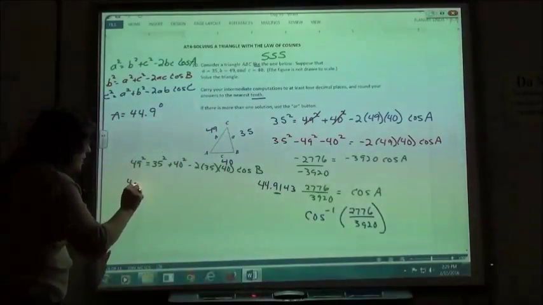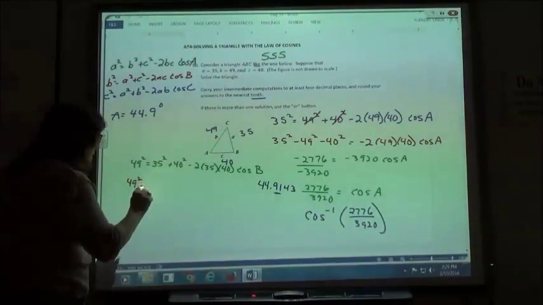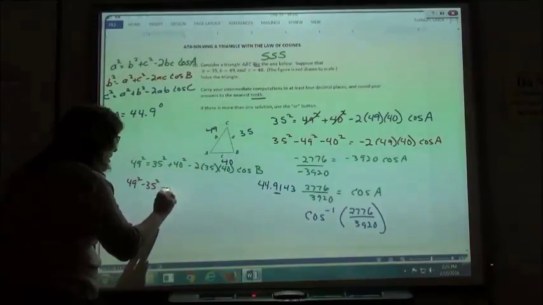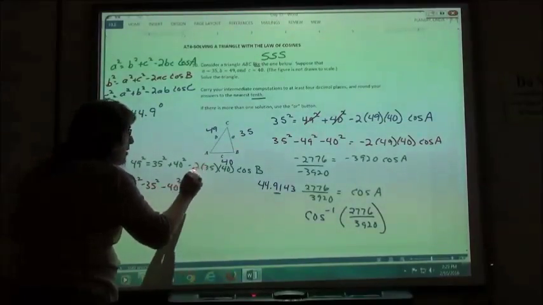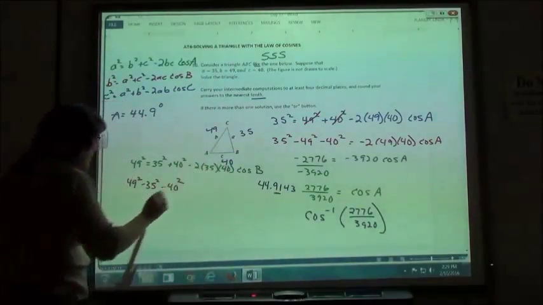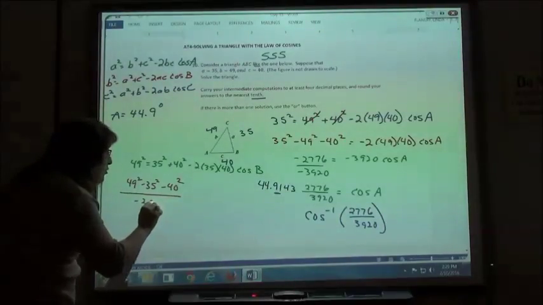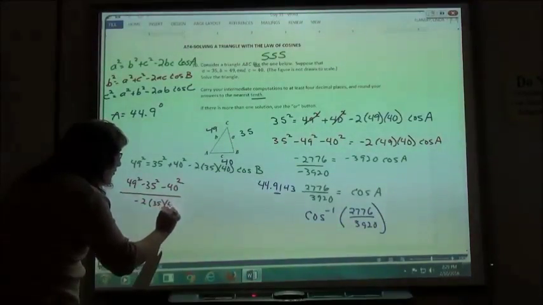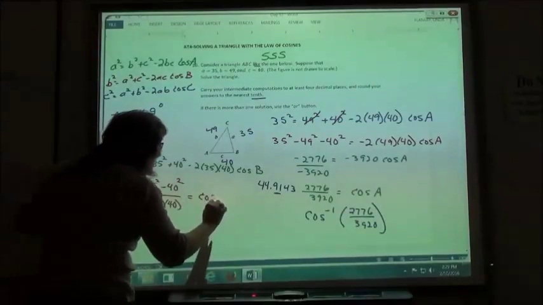So 49 squared minus 35 squared minus 40 squared, I'm going to end up dividing by this. So divided by negative 2 times 35 times 40 is going to equal the cosine of B.